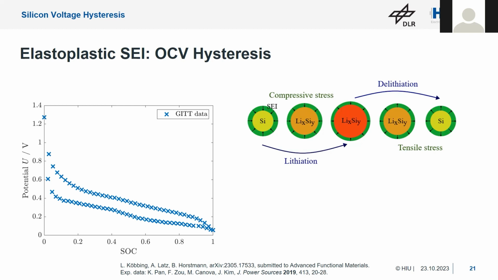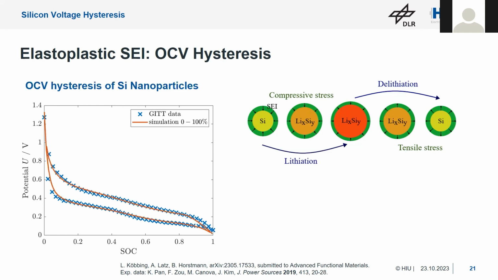So it's rather the opposite stress in the two parts of the cycling. And now if we take our mechanical model and compare it, we can make it fit exactly to the hysteresis just because of these stresses of the particles.